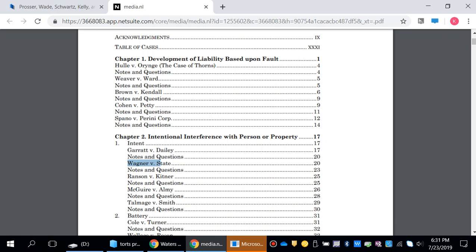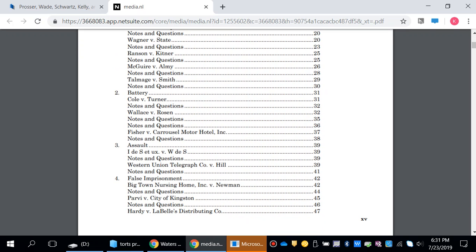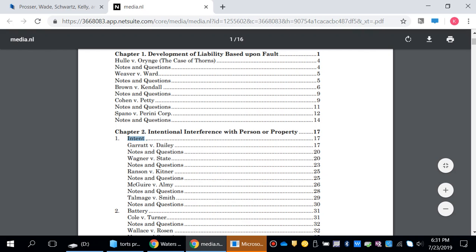These cases become examples of how the court resolved disputes that centered around this concept. And all of these, what they have in common is they all involve some aspect of the mental state of intent and intentional torts. And I want you to be paying attention to these things as you're studying.